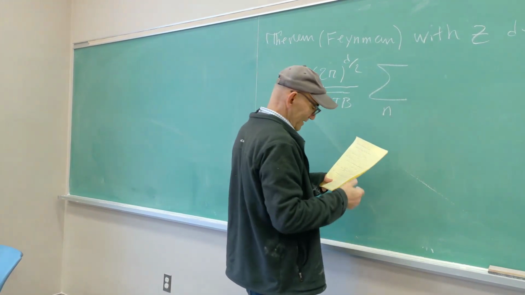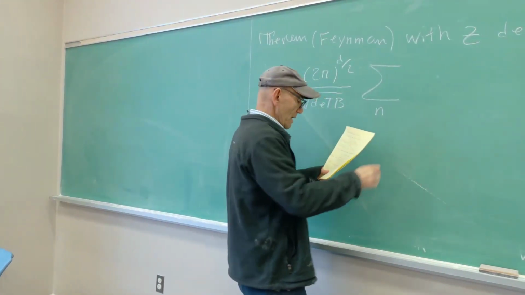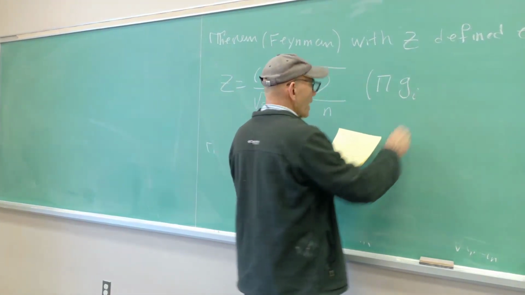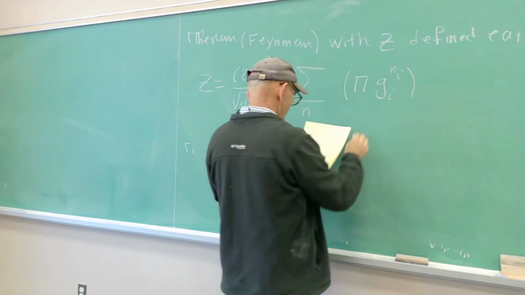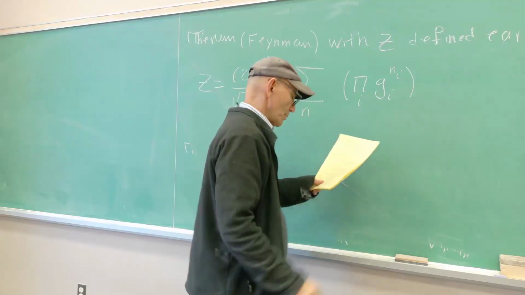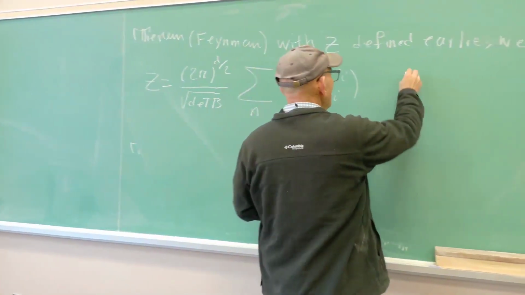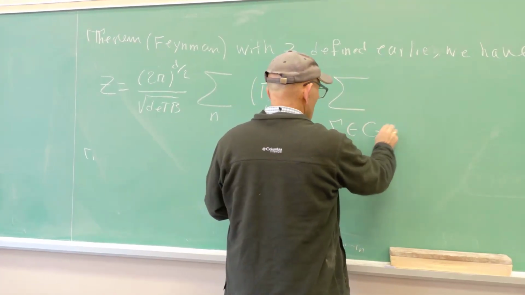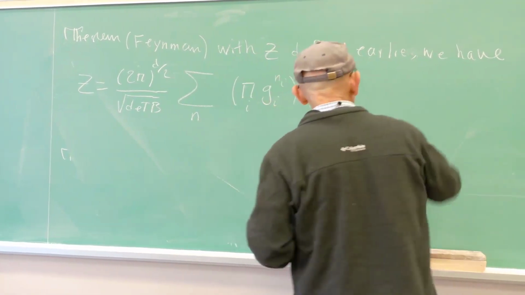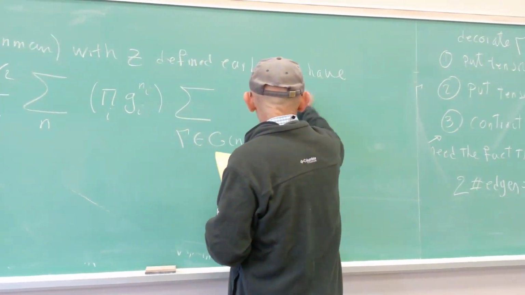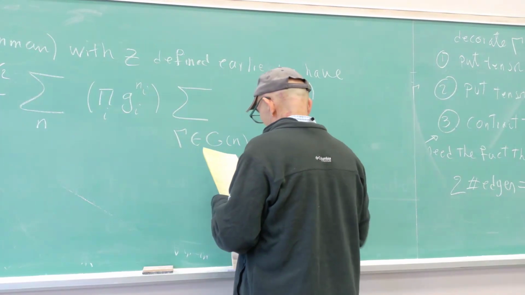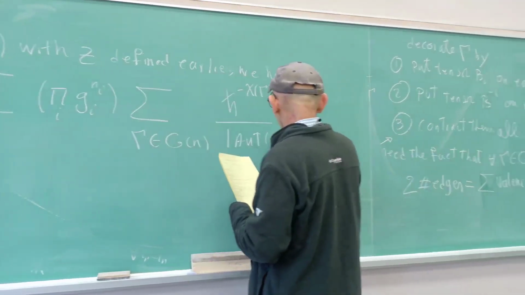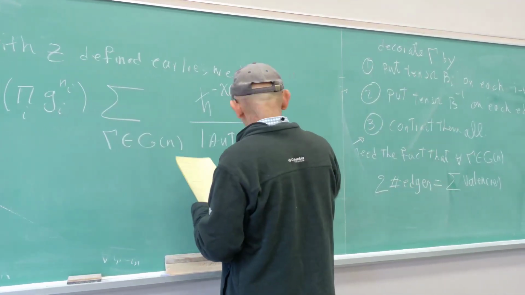Now we are summing over all indices, and so this is an infinite sum. The product of g_i to the power n_i, divided by n_i factorial, times the sum over gamma belonging to G_n of h bar to the power negative chi_gamma, divided by the order of the automorphism group of the graph gamma, times F_gamma.